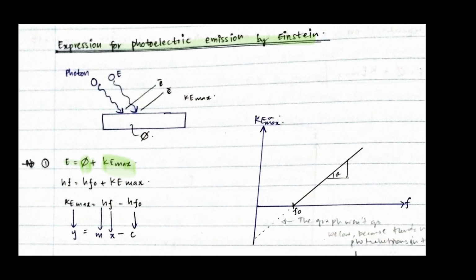Then we have Planck's equation, E is equal to hf, and the work function we know is h times the threshold frequency, and then the maximum kinetic energy is the same. So let's make the maximum kinetic energy the subject, then we get an equation in the form y is equal to mx minus c.